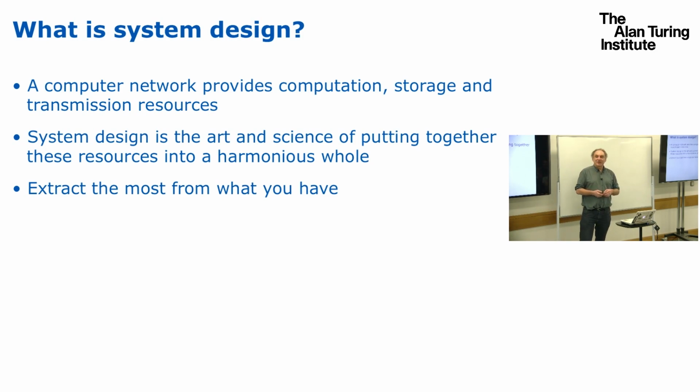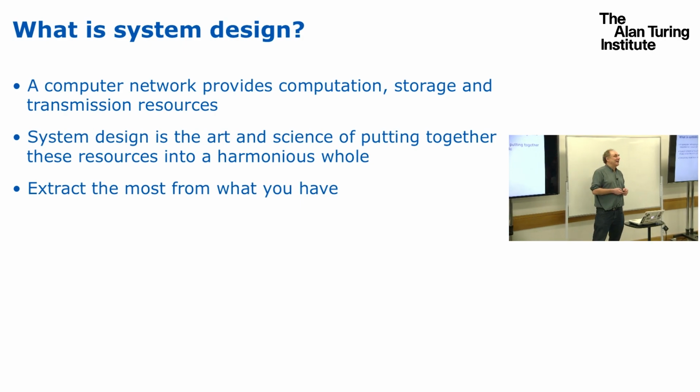So a given system will be designed, hopefully, by people that have made some trade-offs. They made some decisions about some properties, and they really care that they get that trade-off in the direction that's what the user or the customer needs most. So extracting the most from what you have is not a trivial problem.